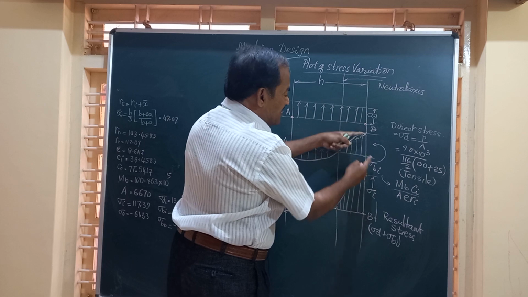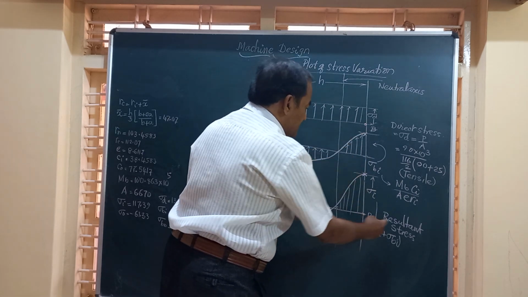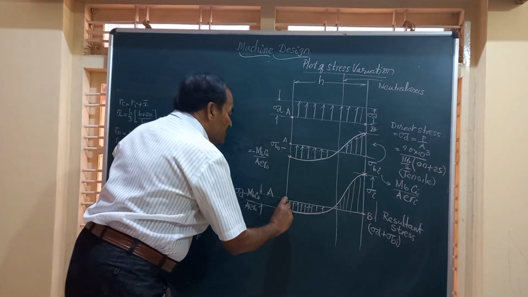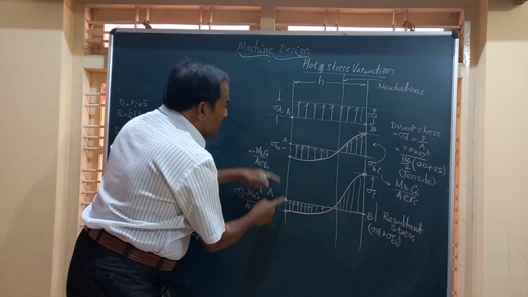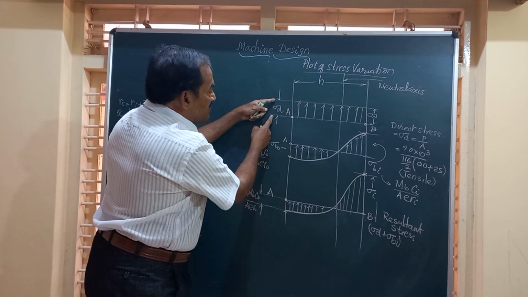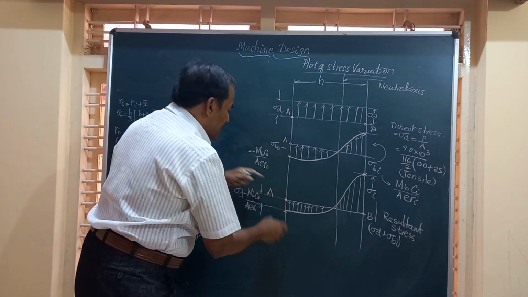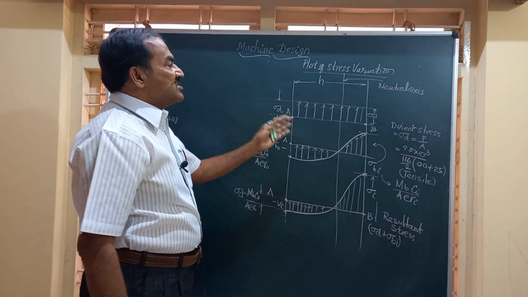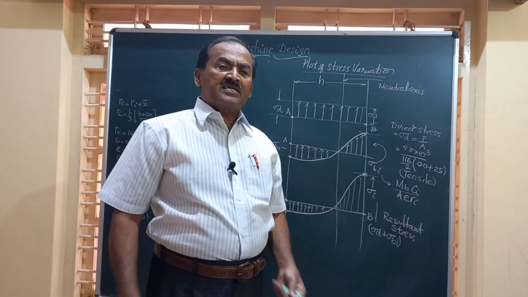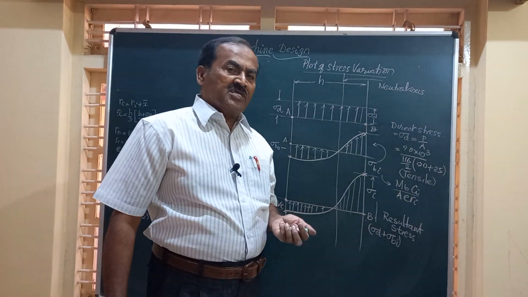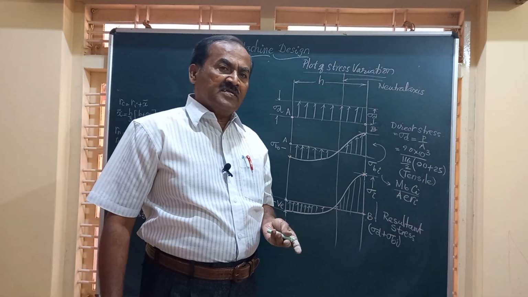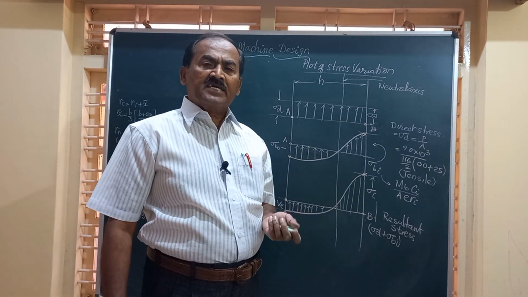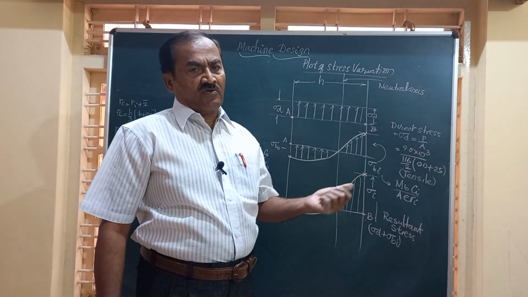Direct stress plus bending stress is this total height as resultant stress or the total tensile stress, and here this height is equal to the difference of these two, because one is positive, other is negative, you get a negative value here. Friends, this is how the direct stress, the normal stress due to bending, and the resultant stress appear across the critical cross section AB of the beam.